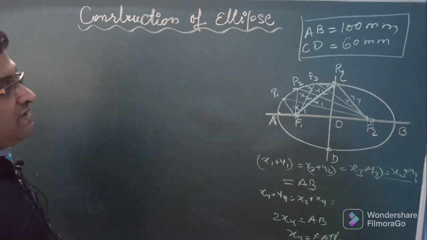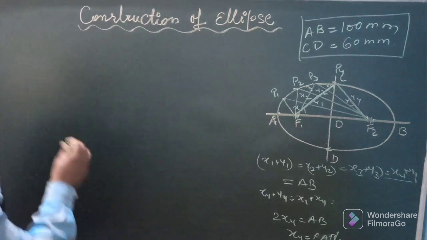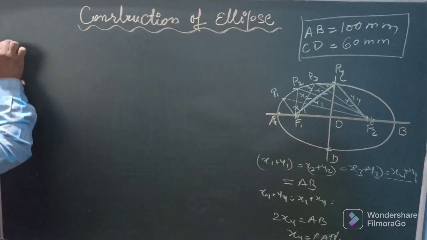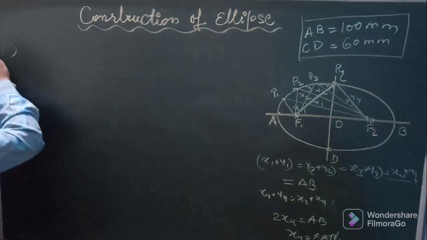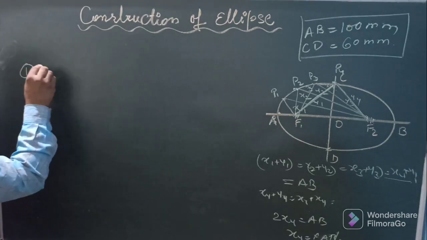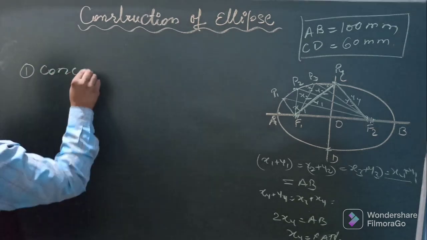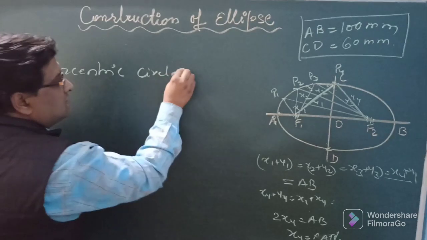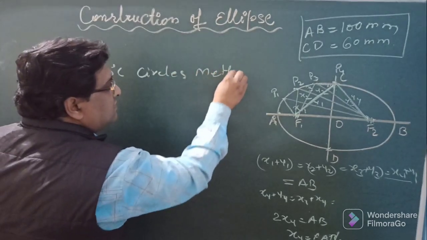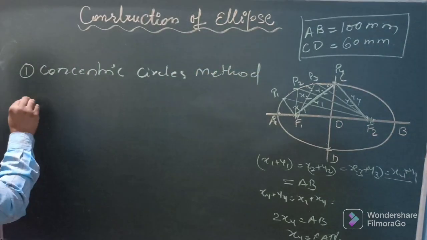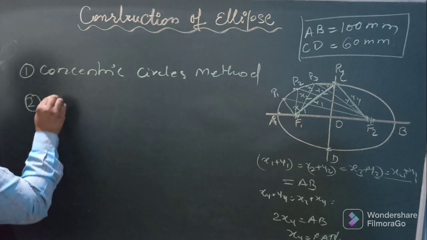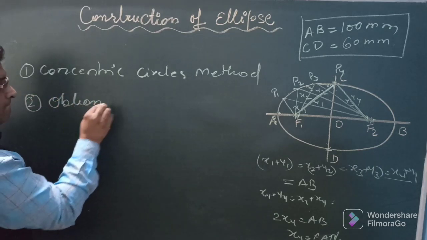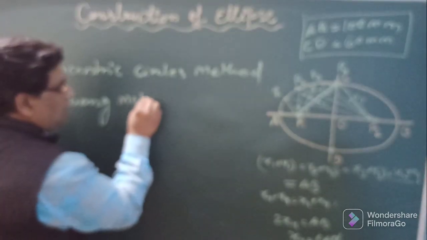Now, what are the different specific methods? Basically, there are three methods for drawing an ellipse. One is called the concentric circles method. The second one is the oblong method, where we have two methods in this particular oblong method.